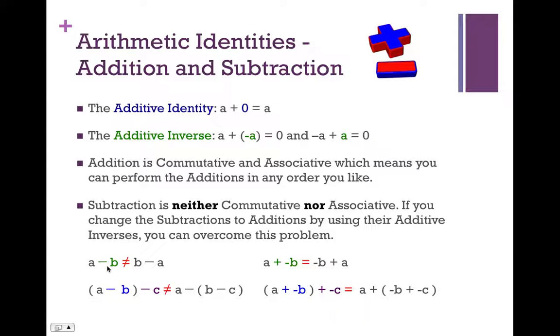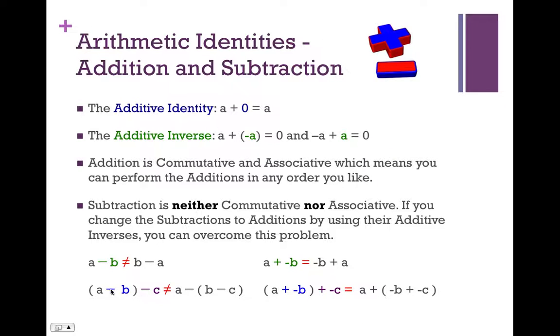Whereas if you change the negative B into its additive inverse, we can now add negative B to A, and that is commutative. So we can add A to negative B, and that will equal adding negative B to A. And the same can be said with the associative law.